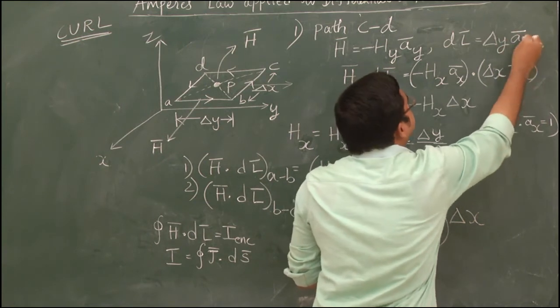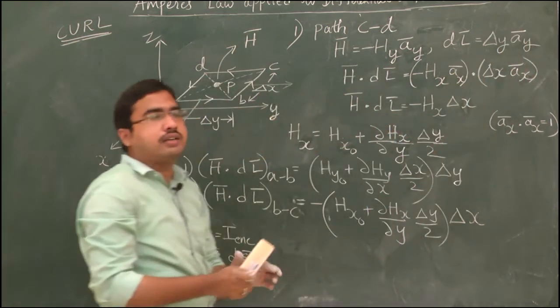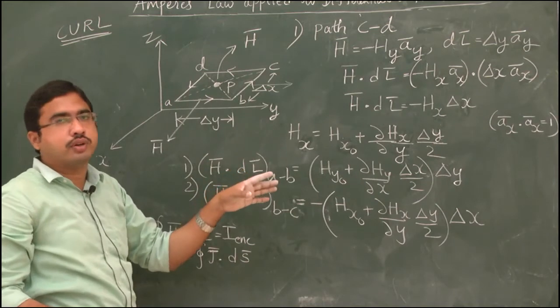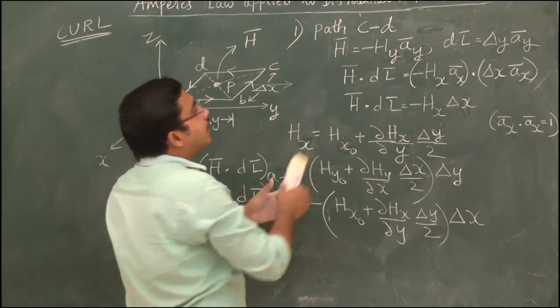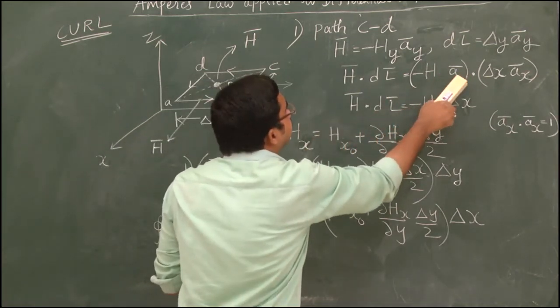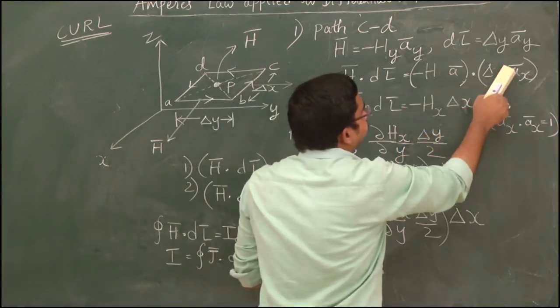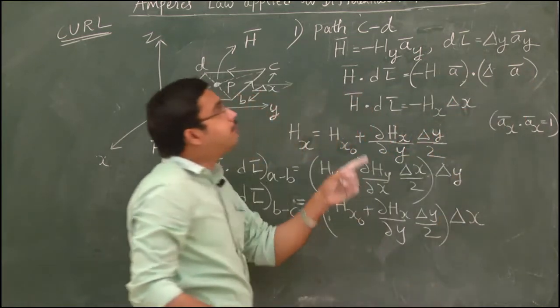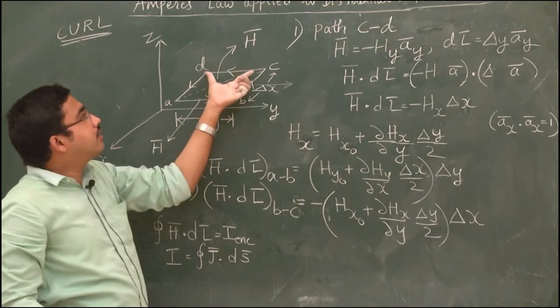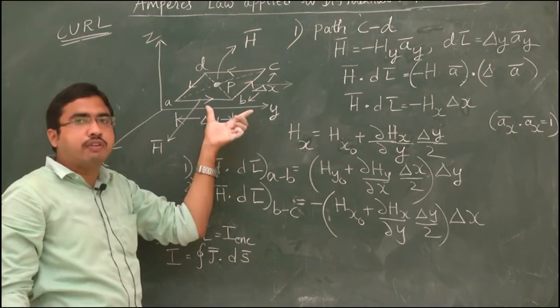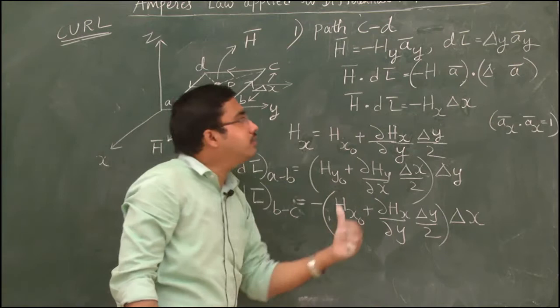Delta y into the unit vector in that direction is ay. So what is h bar dot dl bar for the path CD?